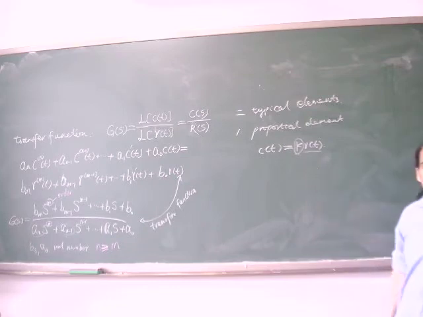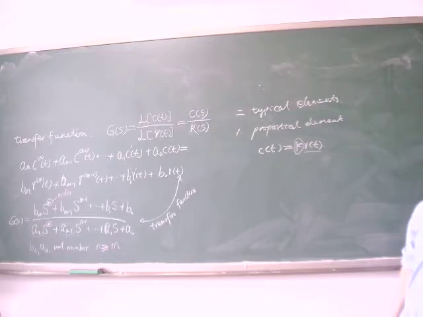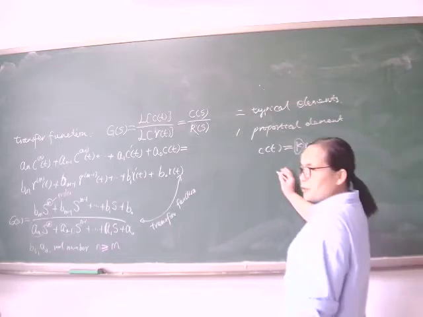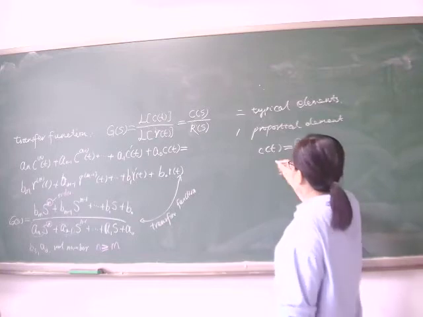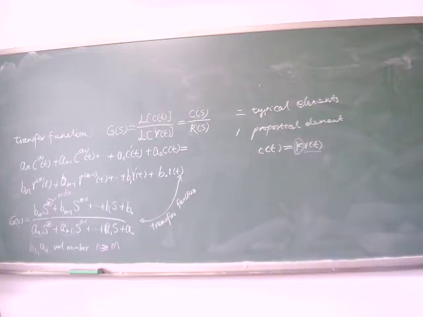So, we have to get this transfer function. How to get the transfer function? The transfer function G equals C(s) over R(s). Now, how to get this? We can use the Laplace transform for the left and also for the right. It is very simple.